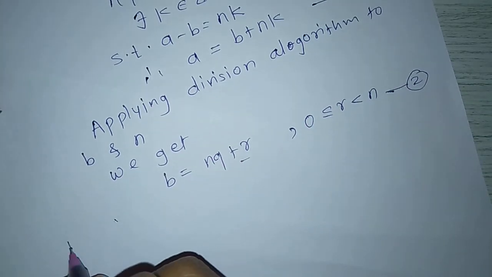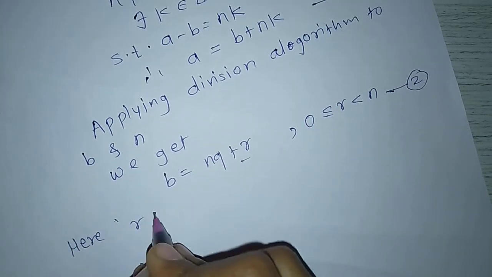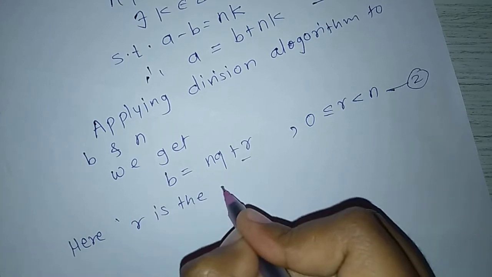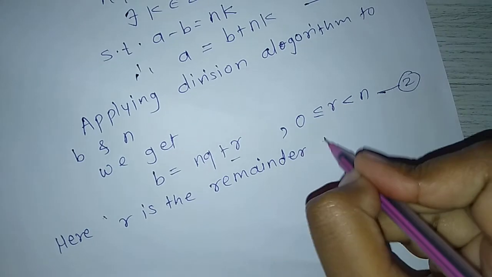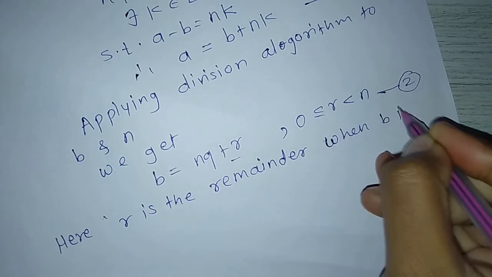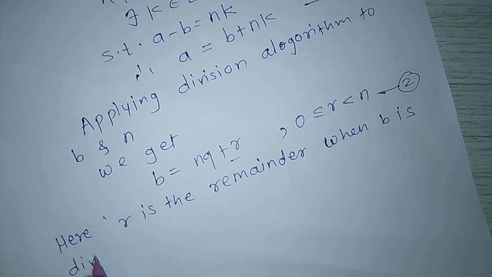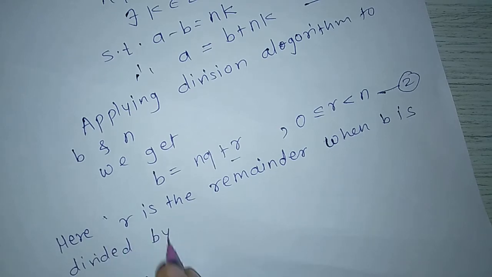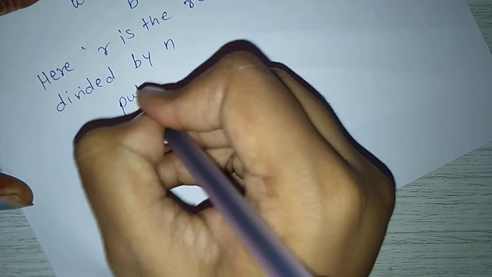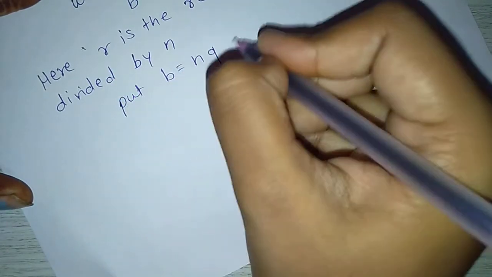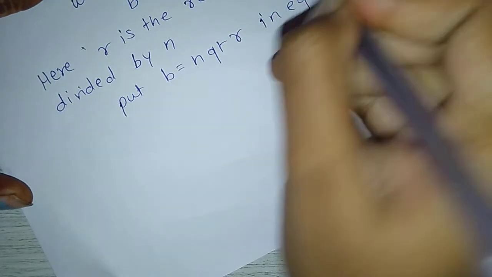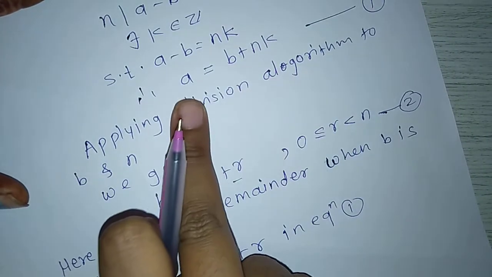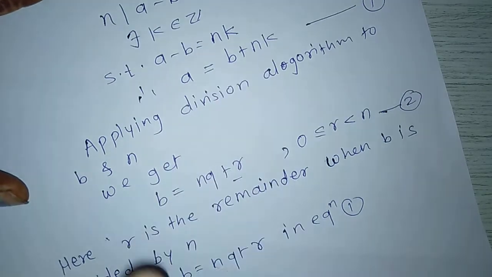Here r is the remainder when b is divided by n. Put b equal to nq plus r in equation number 1. Equation number 1 is a equal to b plus nk.